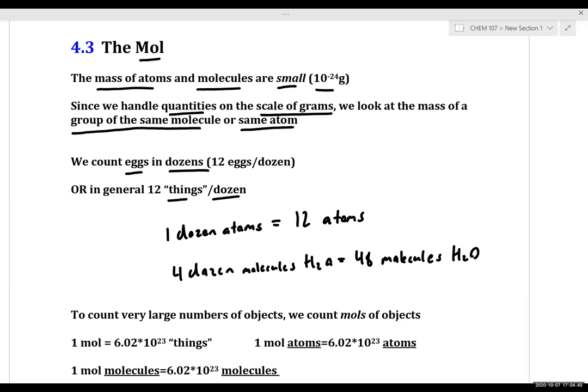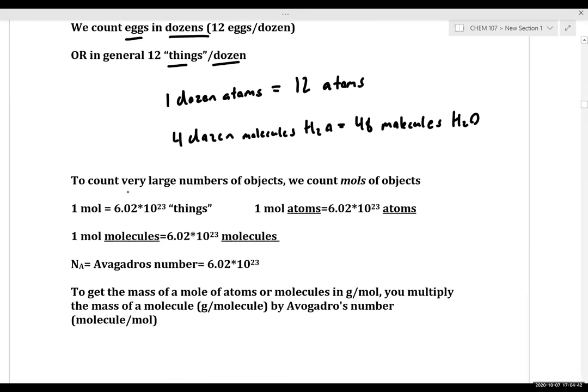Okay, now if we're counting very large numbers of objects, we count the moles of objects. Now, just like a dozen represents 12 things, a mole represents 6.02 times 10 to the 23rd things. So for example, a mole of atoms would represent 6.02 times 10 to the 23rd atoms.